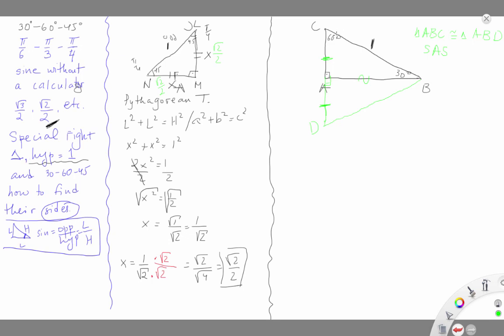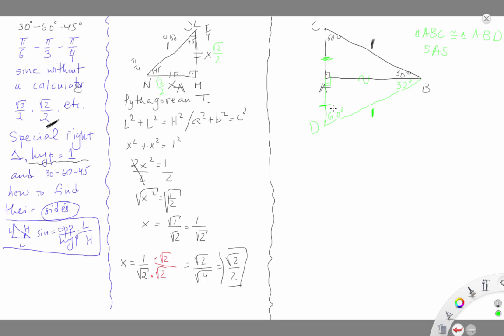Oh, great! If ABC is congruent to ABD, therefore all of their sides are equal. So CB is equal to BD is equal to 1. And this angle over here is 30 degrees, and this angle over here is 60 degrees.